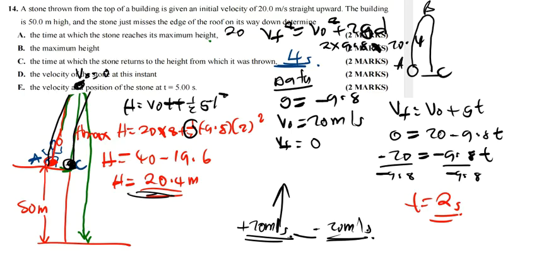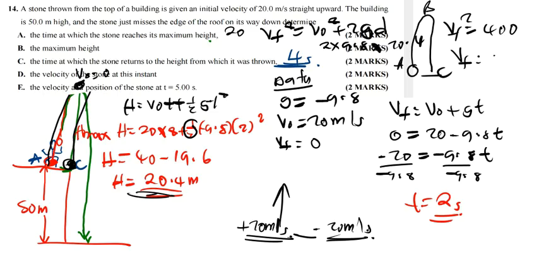Okay? So try. What is 9.8 times 2 times 20.4? I'm getting 399.8. If you round it off, it is 400. So you have v squared is equal to 400. What is the square root of 400?